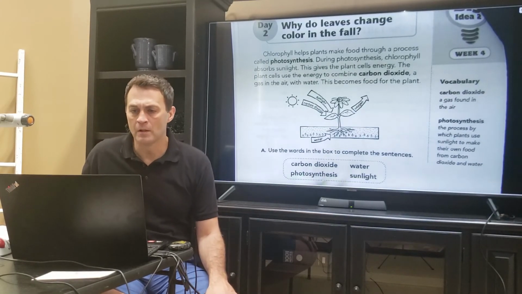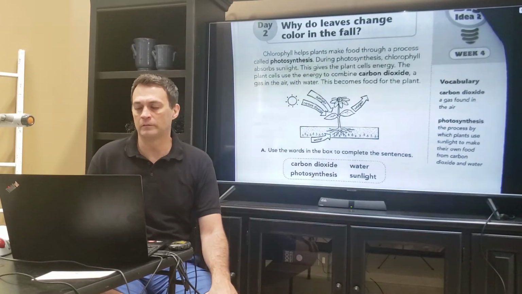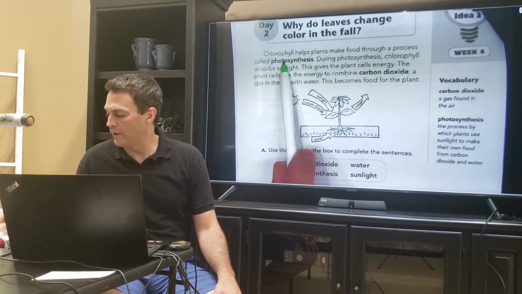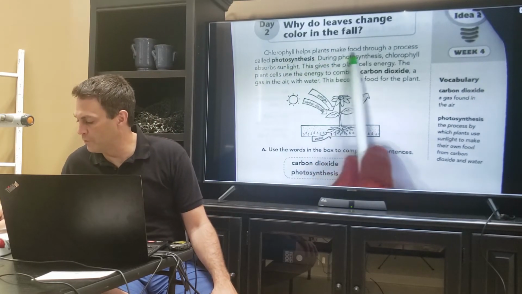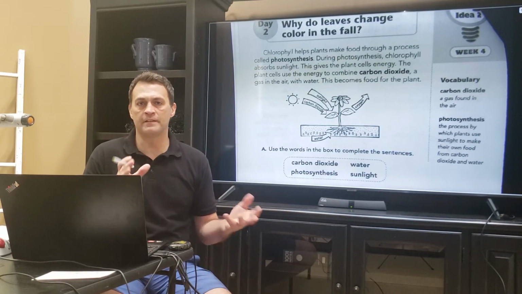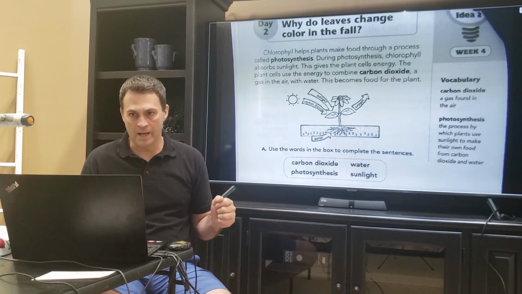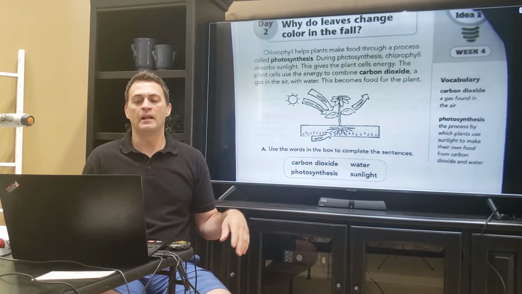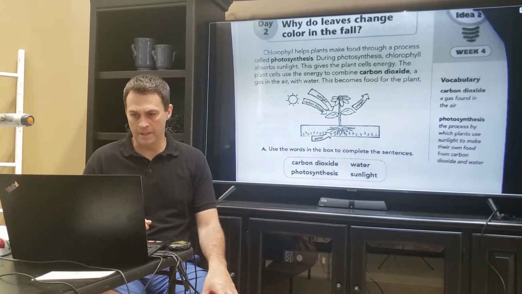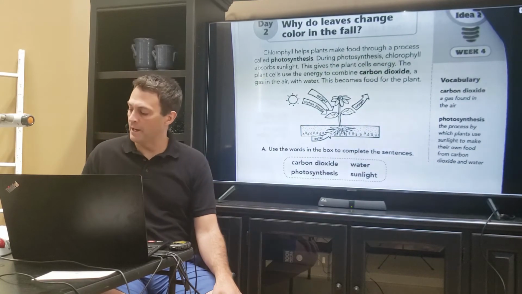All right, here we go. Why do leaves change color in the fall? Chlorophyll helps plants make food through a process called photosynthesis. So photosynthesis is the food making process of a plant. When a plant makes food, it's called photosynthesis. During photosynthesis, chlorophyll absorbs sunlight.